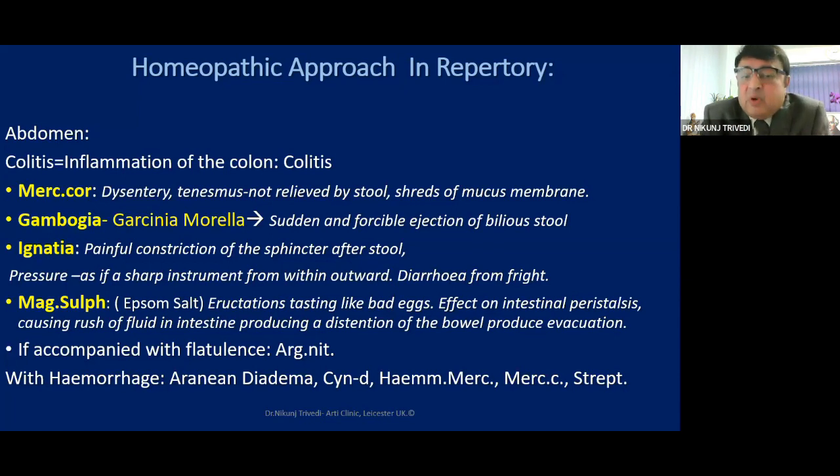Gambogia, Garcinia morella: sudden and forcible ejection of bilious stool. As soon as the patient goes to the toilet, stool comes as if it is exploding.